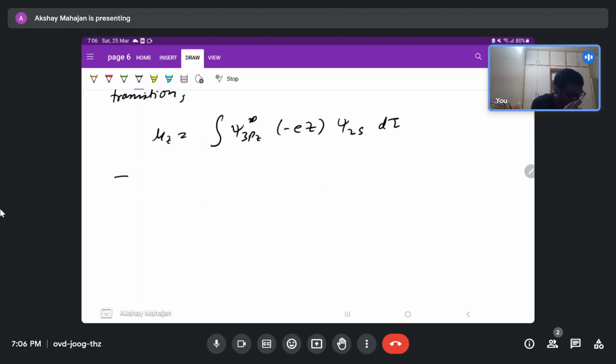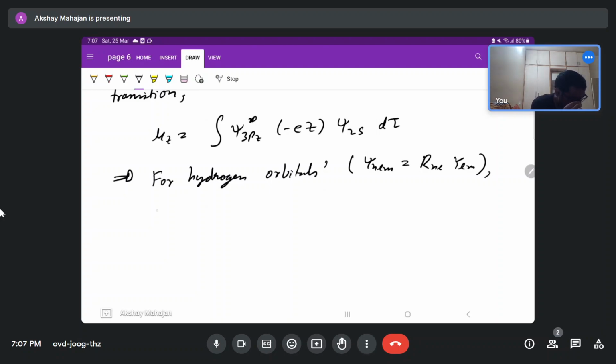So for the hydrogen atom, the hydrogen orbitals will have the radial functions R_nl and the spherical harmonics Y_lm. So we know that psi nlm will be equal to R_nl times Y_lm, a product of a radial function and spherical harmonics.